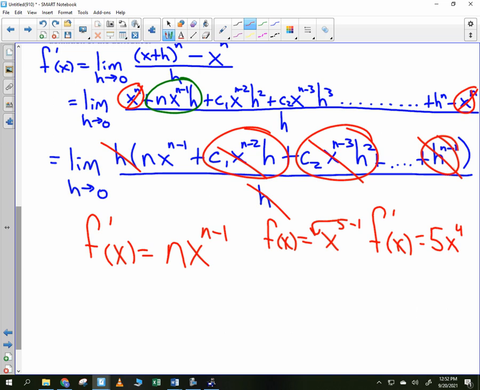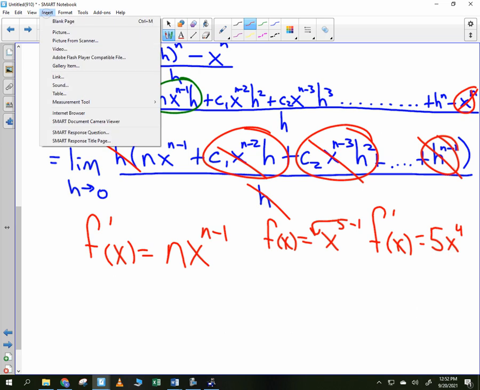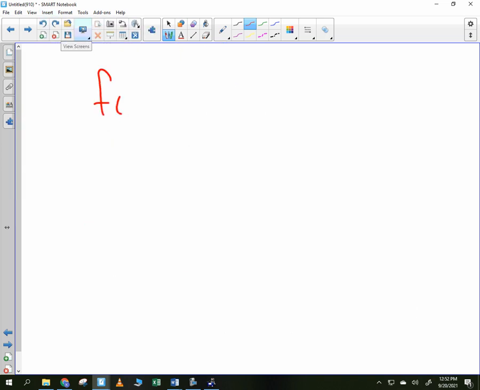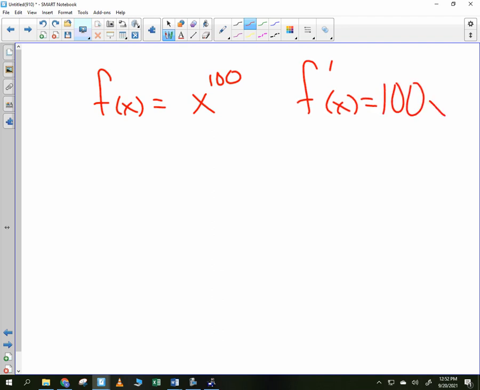Done. Oh, you don't believe me? I'll try it again. f of x is equal to x to the 100th. We'll say f prime of x is then we take the exponent and move it in front, and then we lower it by 1 power.